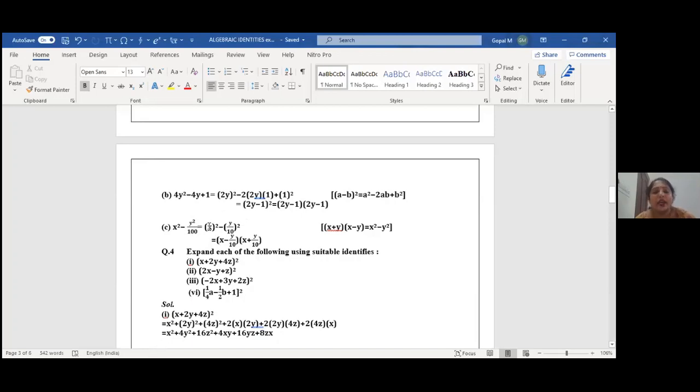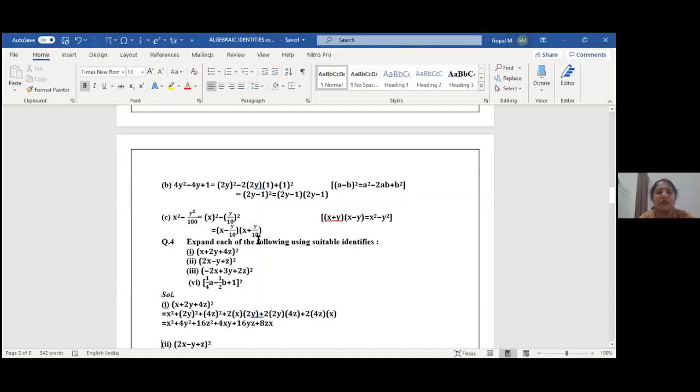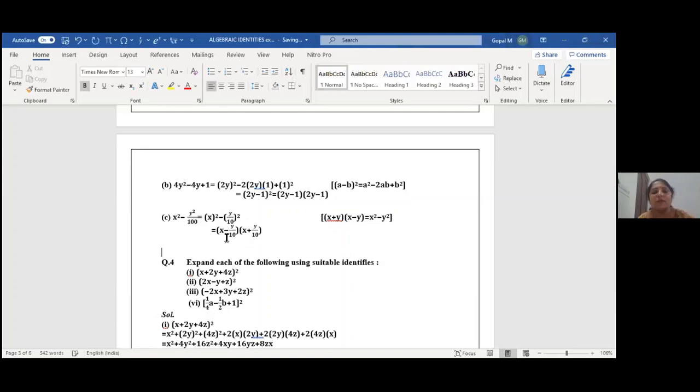Here a value is x and b value is y by 10. So a square minus b square is equal to (a plus b) into (a minus b). In multiplication, even if we interchange, the value will not change. Any doubt in this sum, children? Here a value is x, b value is y by 10. Am I clear?